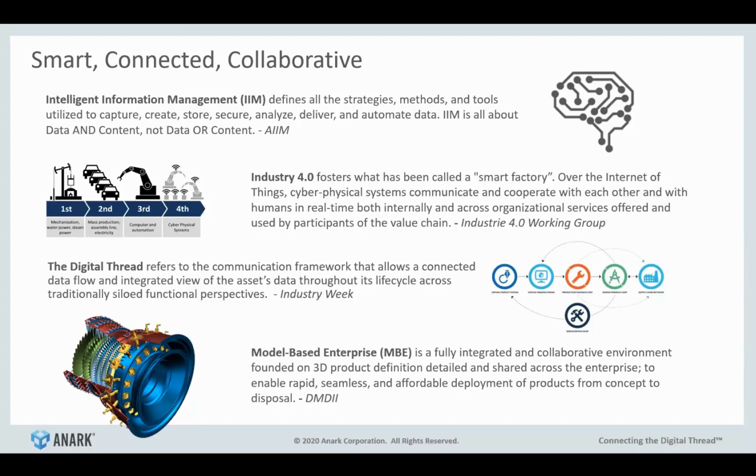We start with intelligent information management, which the Association for Intelligent Information Management defines as the collection of strategies, methods, and tools that an organization uses to capture, create, store, secure, analyze, deliver, and automate data. So IIM is really all about data and content, and not data or content.